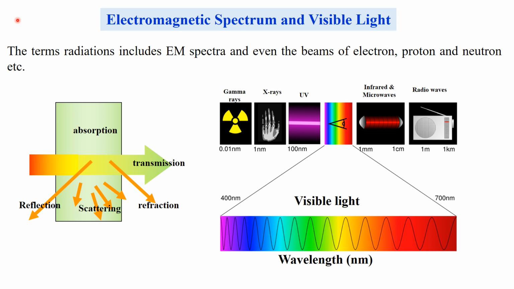All the radiations incident on matter are not involved in chemical reaction. Some of it is transmitted, some is reflected, scattered, or refracted. Only the fraction of absorbed radiation is used to produce chemical reactions.